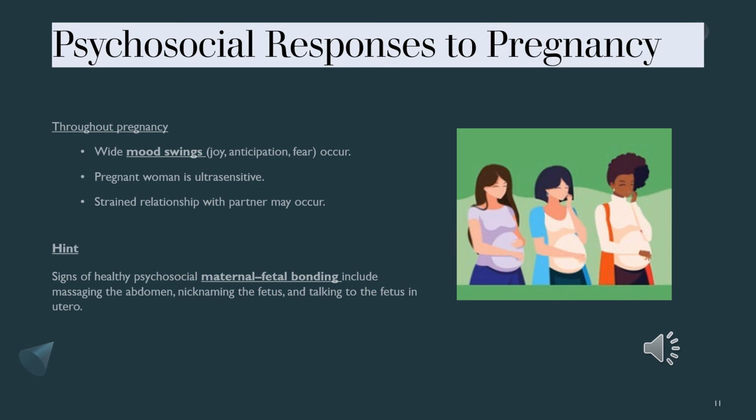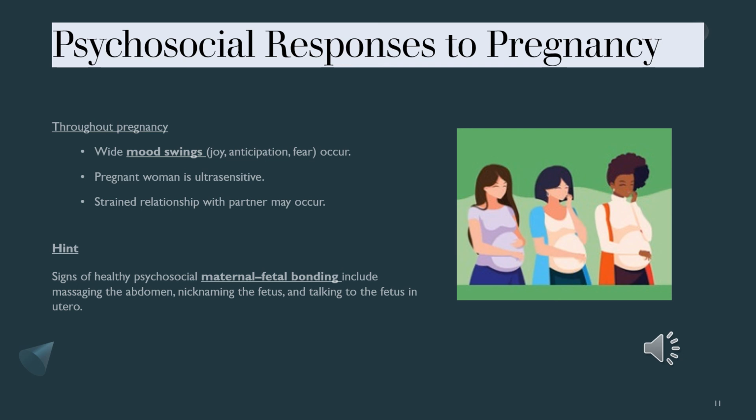So some other responses to pregnancy. Throughout the pregnancy, you will see wide mood swings. I may go from being very happy to very scared to being anxious, all at the same time. A pregnant woman is very sensitive, or ultra sensitive, right? Even more sensitive than normal. And there may be a strained relationship with the partner.